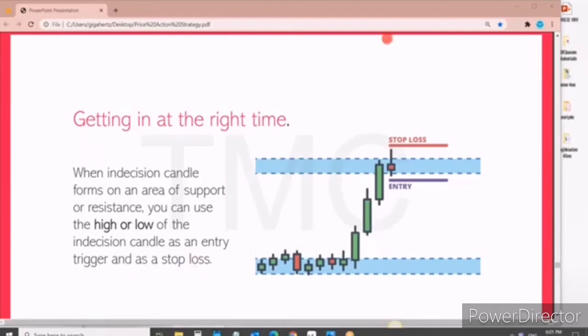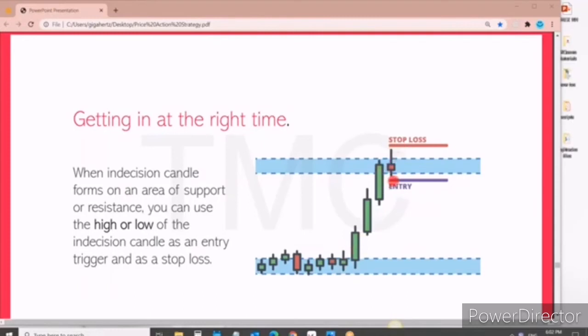So, paano? As you can see here, dito tayo papasok. Okay, again. So, meron tayong indecision candle, right? So, after ng preceding, wag nyo nang hintayin na lumabas yung reversal. Preceding and then papasok yung indecision candle.